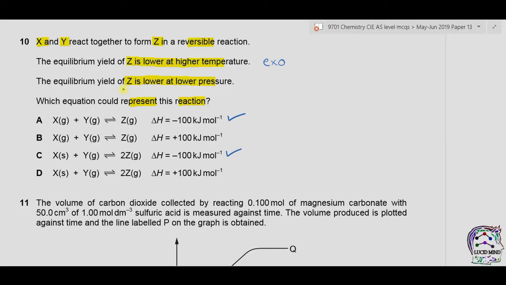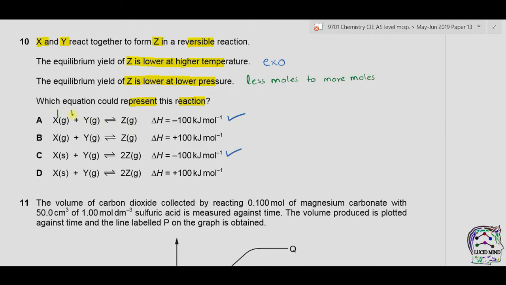Now moving towards the second condition, the equilibrium yield of Z is lower at lower pressure. As we know, higher pressure makes the equilibrium go from more moles to fewer moles, while lower pressure will make the equilibrium move from fewer moles to more moles. Let's find out the number of moles.